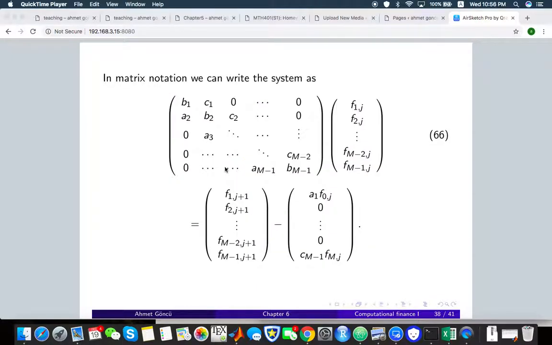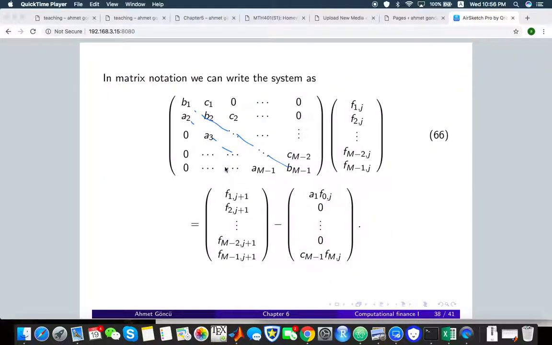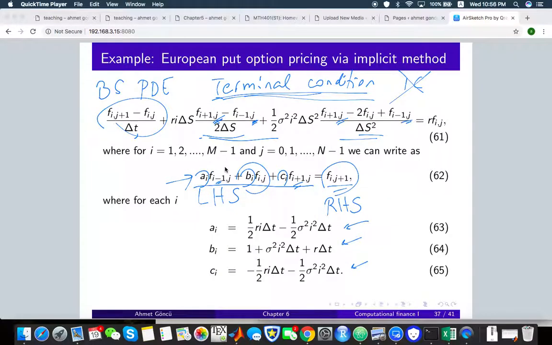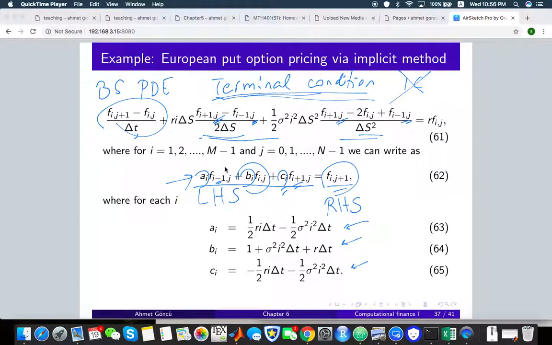Once we have this, the rest is again just like the previous example, and we can write this in a tridiagonal form. You can see we have these b terms coming from the main diagonal. The diagonal shifted down by 1 will have the a i values, and the diagonal shifted by plus 1 will contain the c i values. Remember the size: since I'm using i from 1 to n minus 1, the total number of space points is n plus 1.